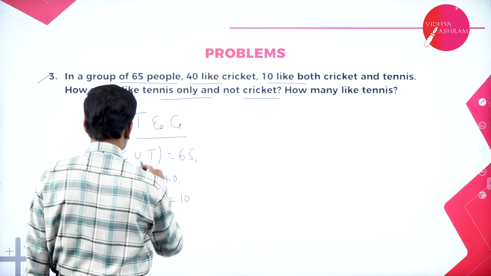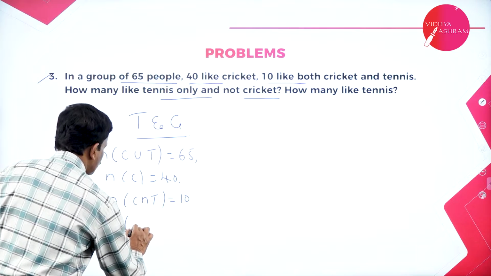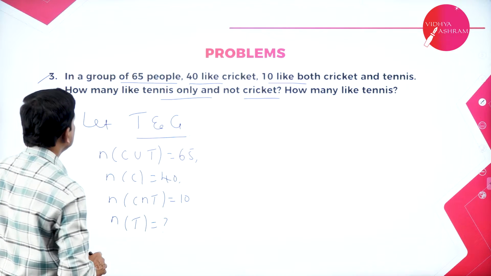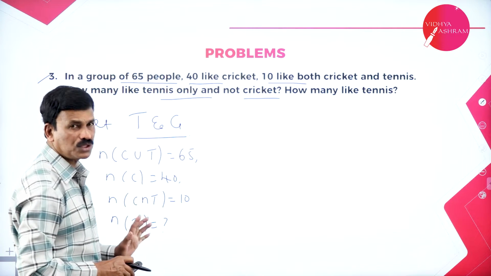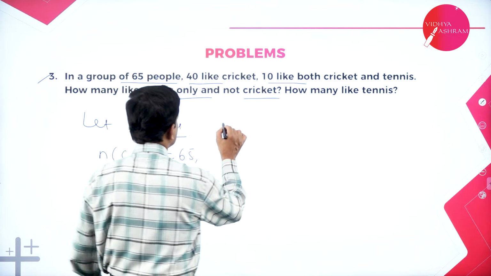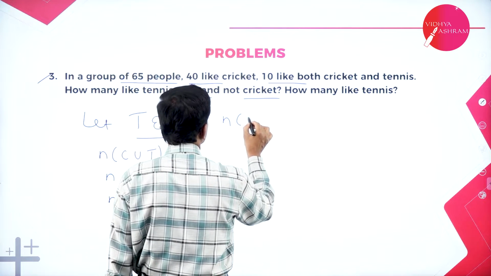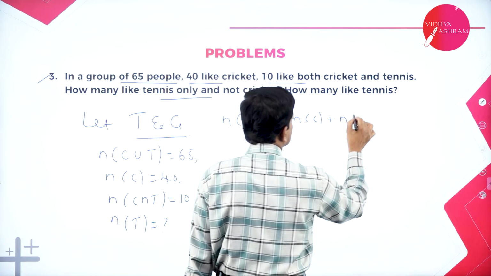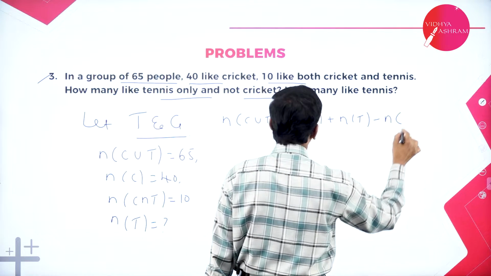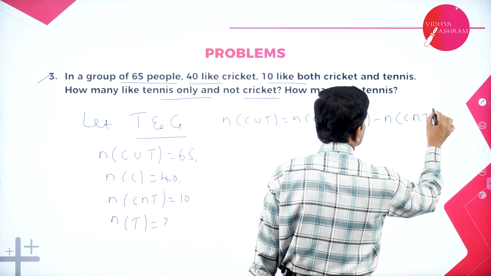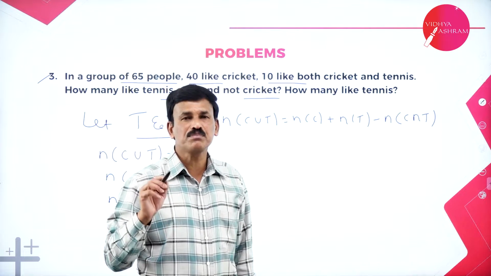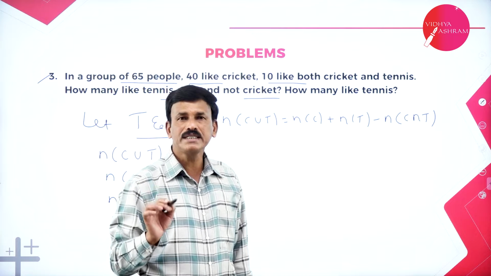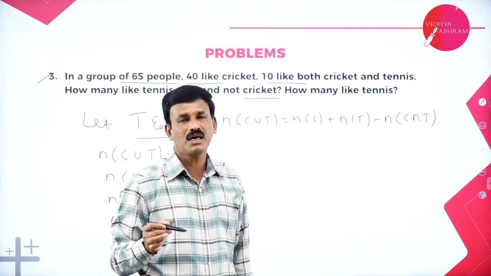What is required to find is, first find out n(T). n(T) means how many like tennis only. Now we know the formula for this. Since n(C ∪ T) = n(C) + n(T) − n(C ∩ T), where C represents the people who like cricket and T represents the people who like tennis.